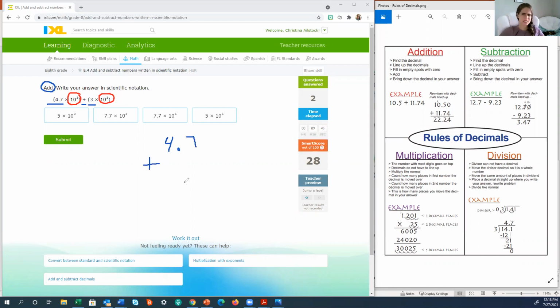Now I don't see a decimal point with my 3. Hopefully you guys recall that every number technically has a decimal point at the end. But if there's nothing to the right of the decimal point, there's no need to write it. It would be a waste of time.